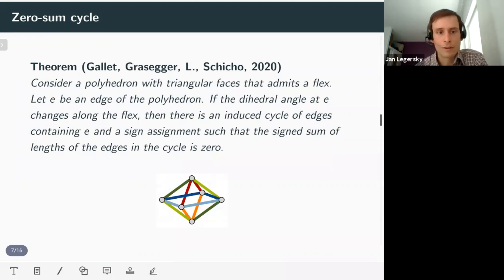So our theorem says that if we now assume just a triangular polyhedron that is flexible, and we fix an edge of this polyhedron, and the dihedral angle at this edge changes along the flex, so that's the same as what Alexandrov assumed about the dihedral angle, then there actually is an induced cycle of edges that contains our edge E, and there's a sign assignment such that if we sign the edge lengths with these signs, if we sum the edge lengths with the signs, we get 0.